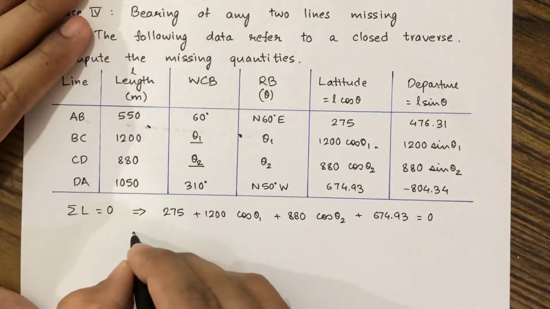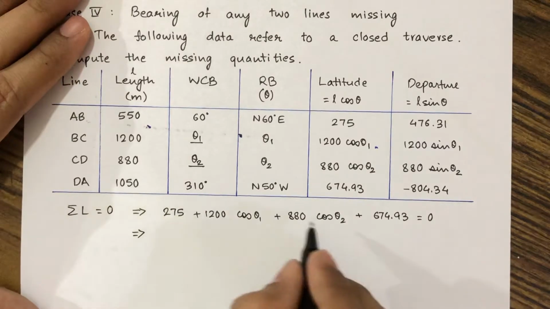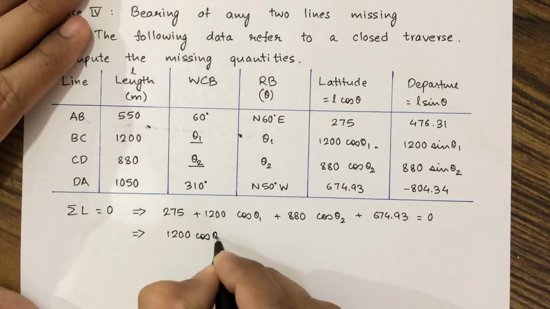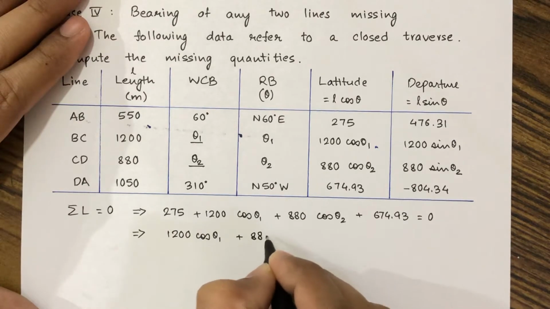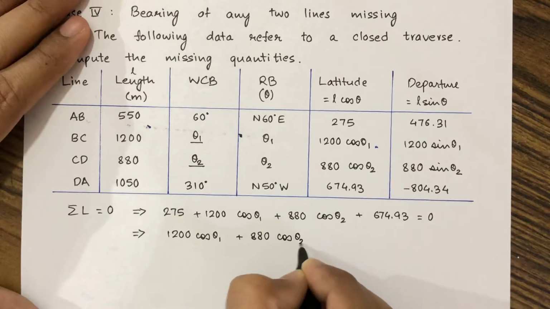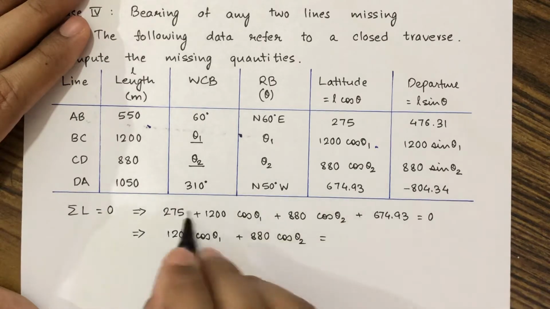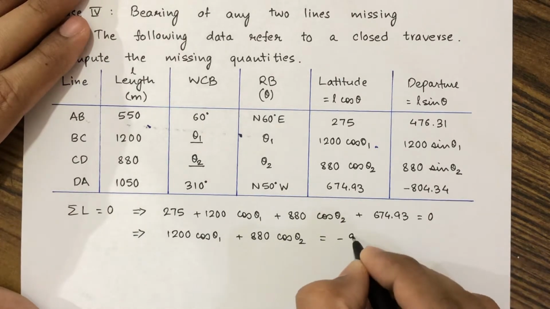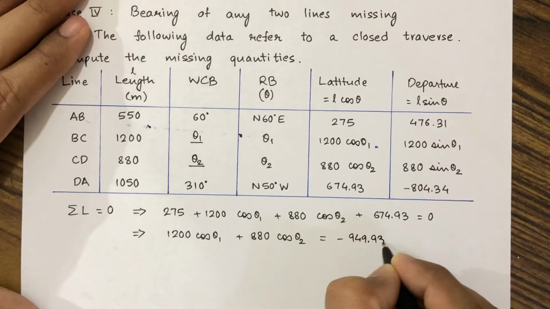Now if we keep 1200 cos theta 1 plus 880 cos theta 2 on the left and take these two numerical values to the right hand side, we get minus 949.93.